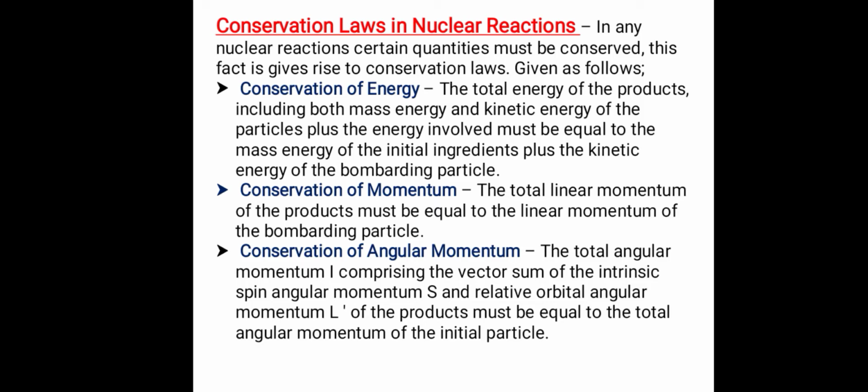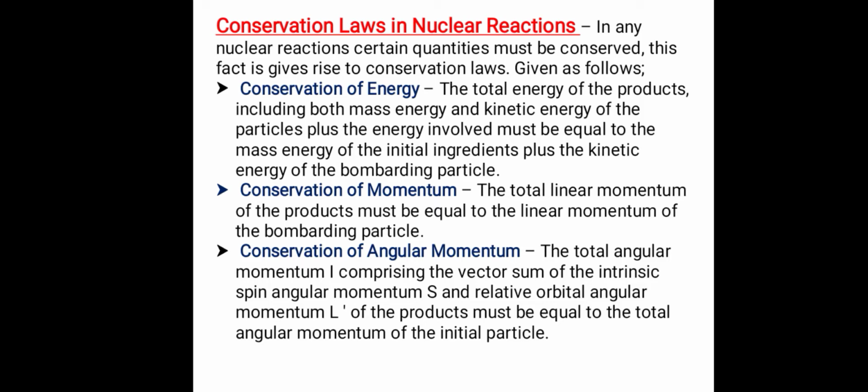As the target nucleus is at rest, there is only the momentum of the bombarding particle. Next one, conservation of angular momentum. The total angular momentum I, comprising the vector sum of intrinsic spin angular momentum S and relative orbital angular momentum L of the product, must be equal to the total angular momentum of the initial particle.